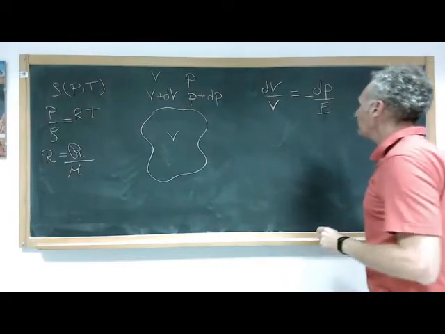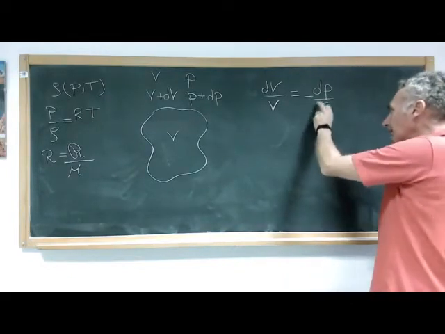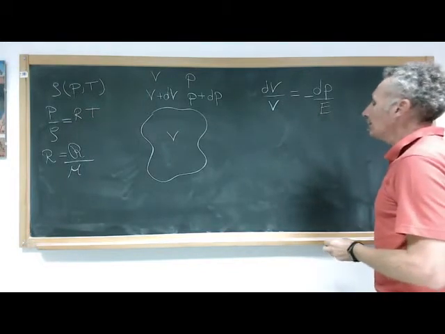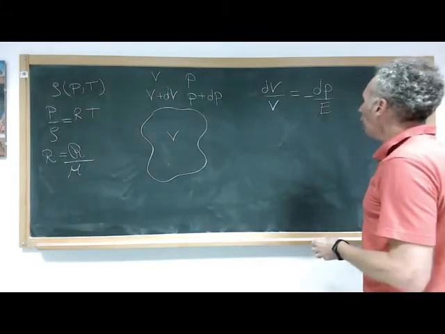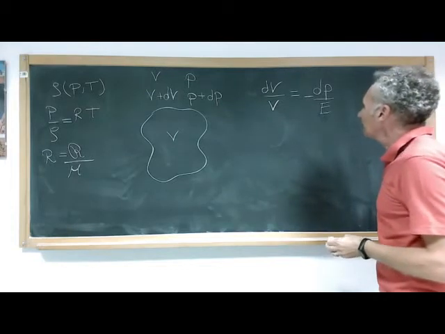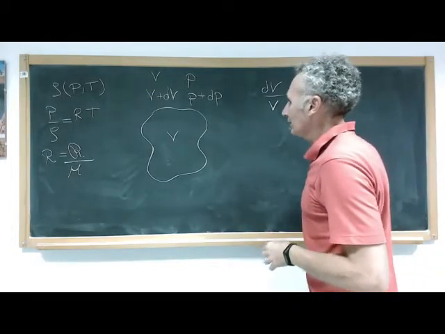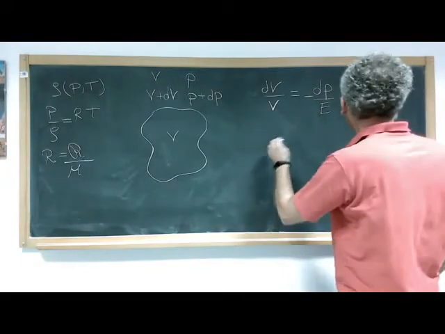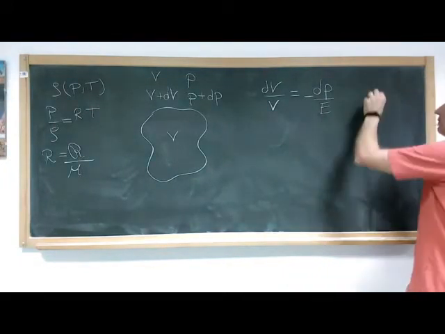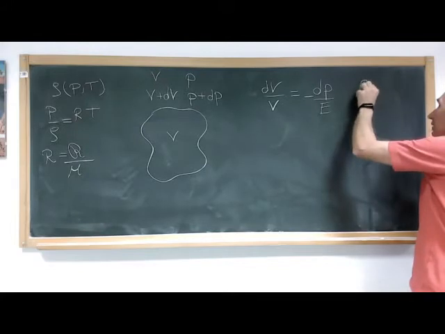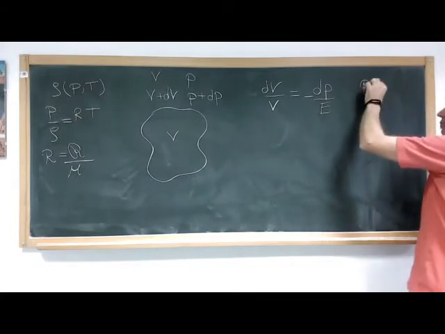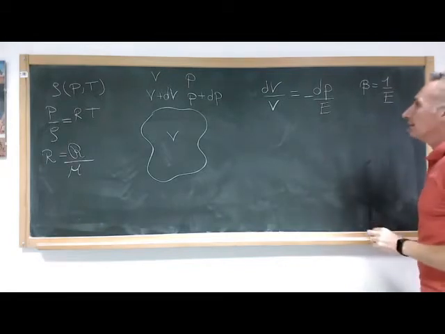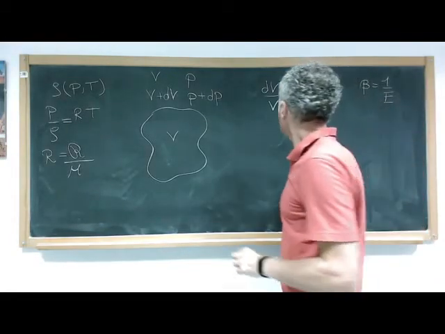put this minus here. Now, this quantity here is called the bulk modulus. The coefficient of compressibility is just the inverse, so the coefficient of compressibility is 1 by the bulk modulus.